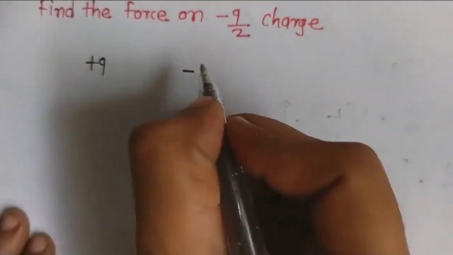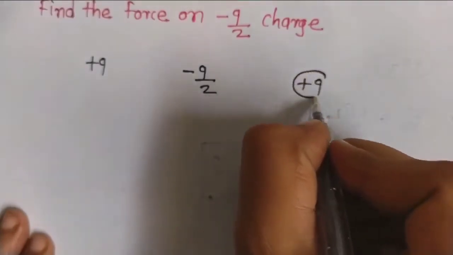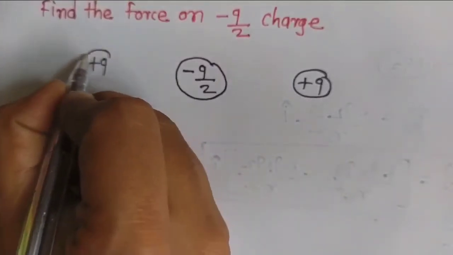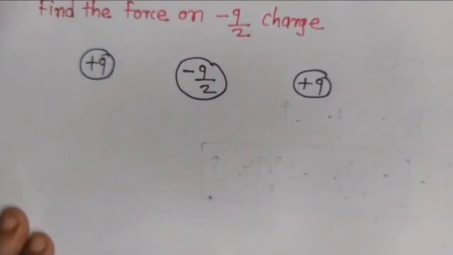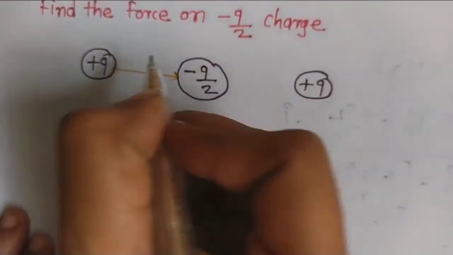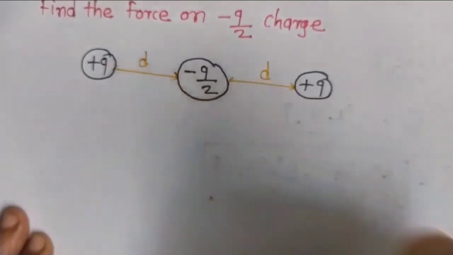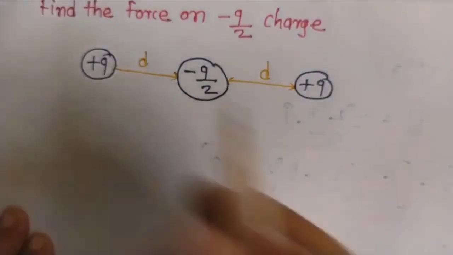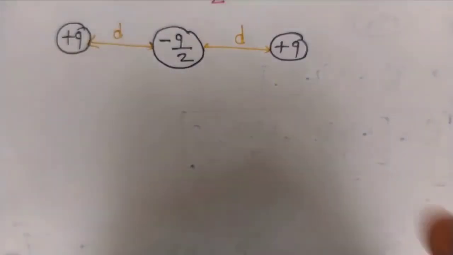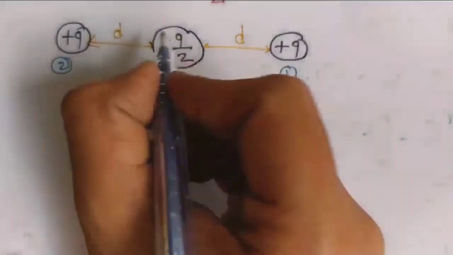We have charges plus Q, minus Q by 2 and plus Q, and we have to find the net force on the charge minus Q by 2 due to the charge plus Q and plus Q. The distance between them is D and the distance between them is D.